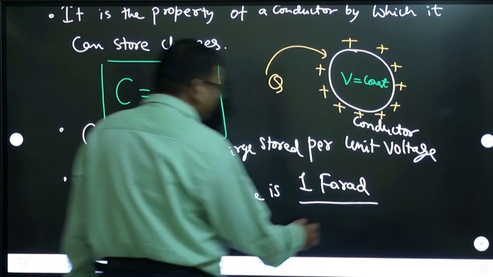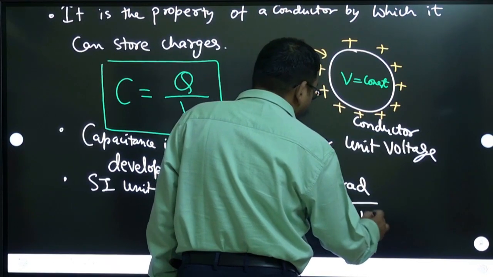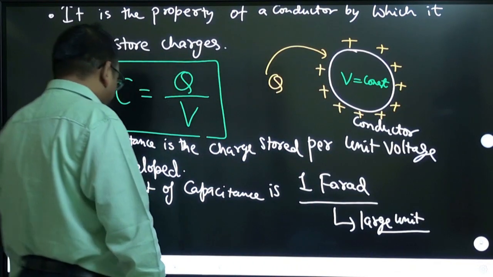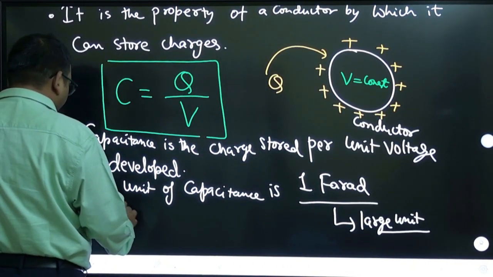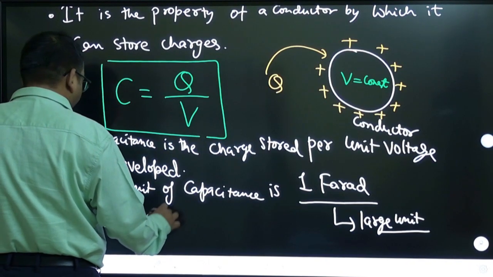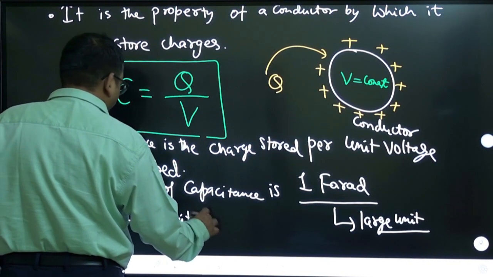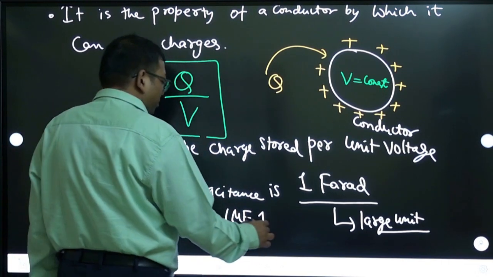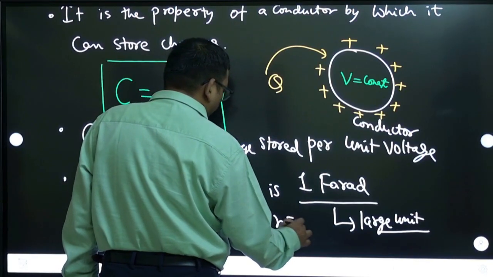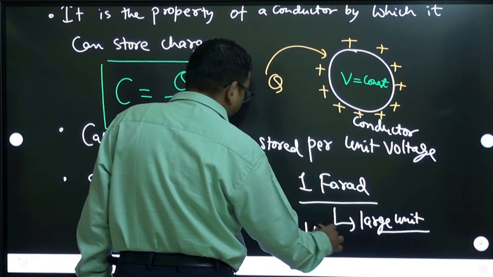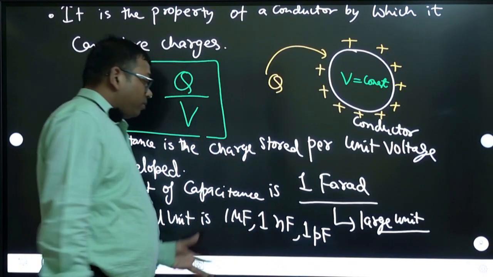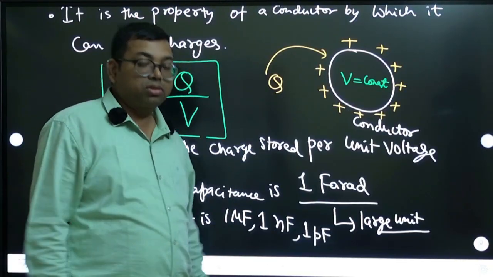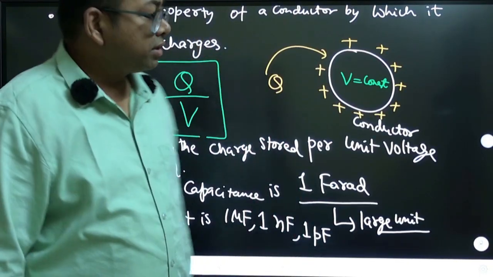That is why the practical units are 1 microfarad, 1 nanofarad, 1 picofarad, because 1 farad is a very large number. So we do not generally use that.